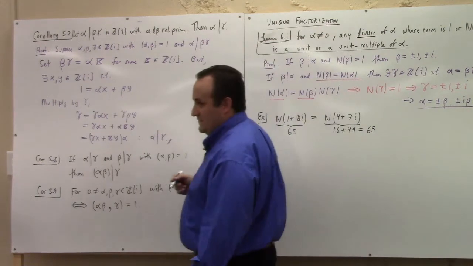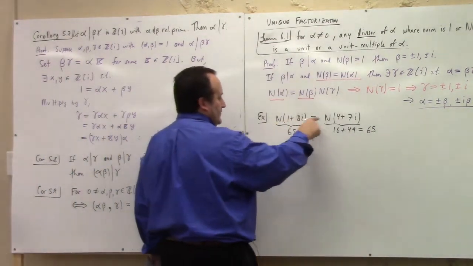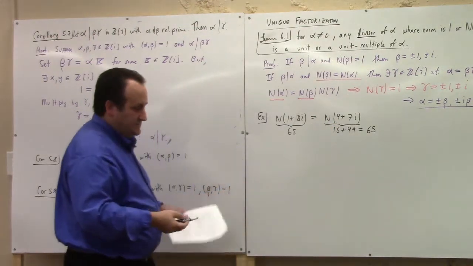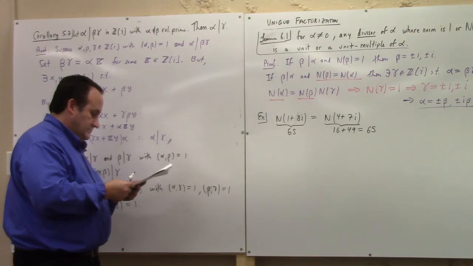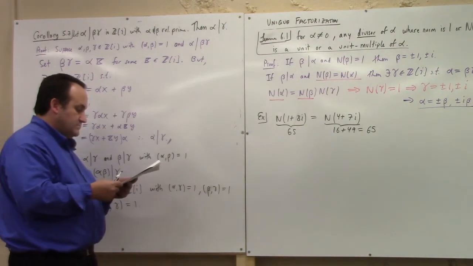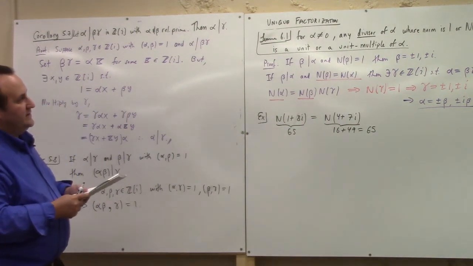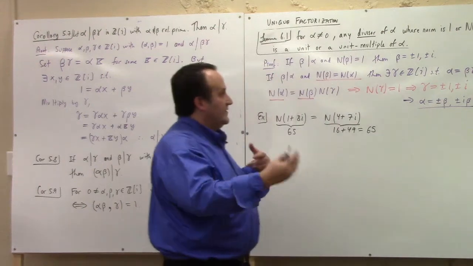So we're looking at numbers which divide alpha. This does not divide that, all right? So in some sense, these things that Lemma 6.1 addresses are the trivial cases, right?